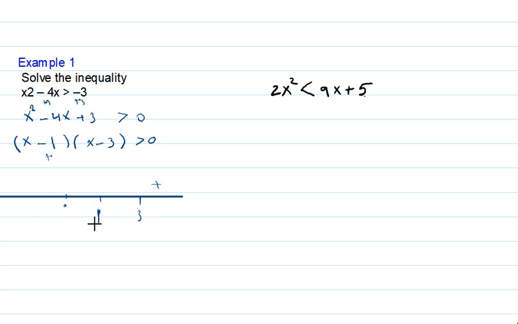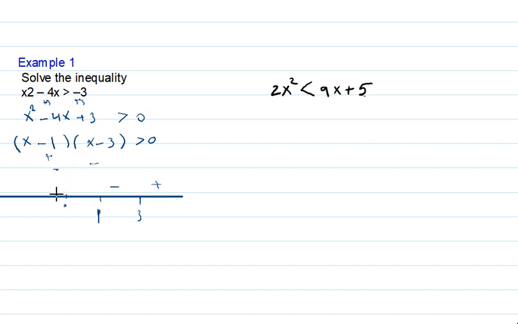Between 1 and 3, let's take 2. 2 minus 1 is positive, 2 minus 3 is negative. Positive multiplied with negative gives us negative. If we take a number less than 1, for example 0 or minus 1, minus 1 minus 1 is negative and minus 1 minus 3 is negative.